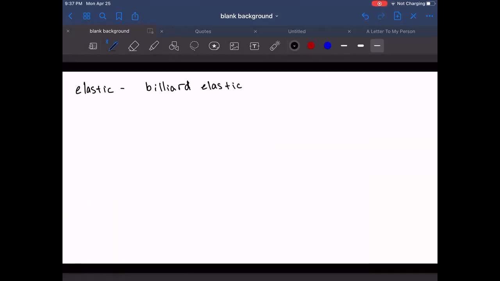Did you say for elastic? Inelastic, yes. Kinetic energy is not conserved. And for elastic, momentum and kinetic energy are conserved. Yes. And I'm writing it down for you just to keep it as short as possible. This is what you want to think about. Billiard balls, no contact, KE conserved.